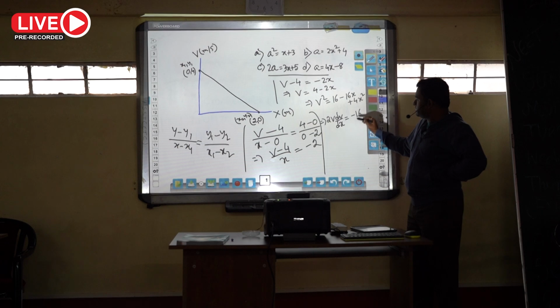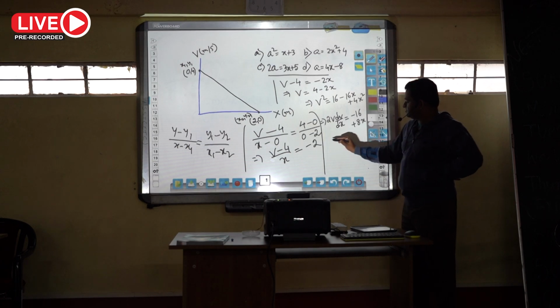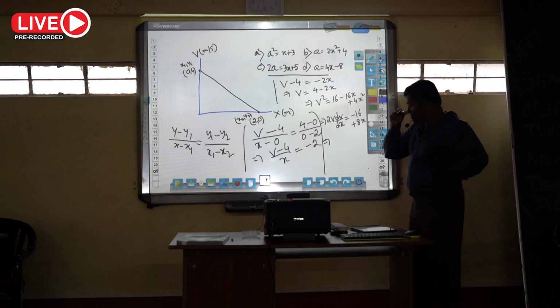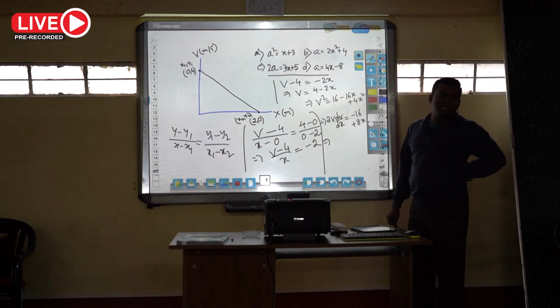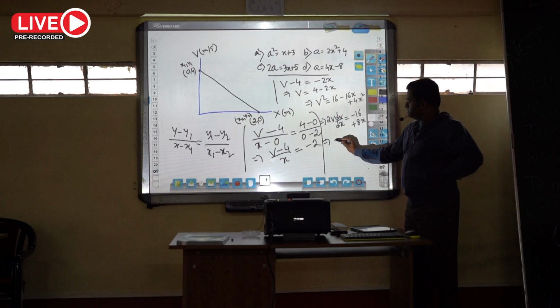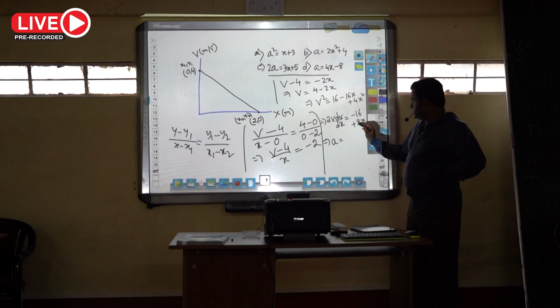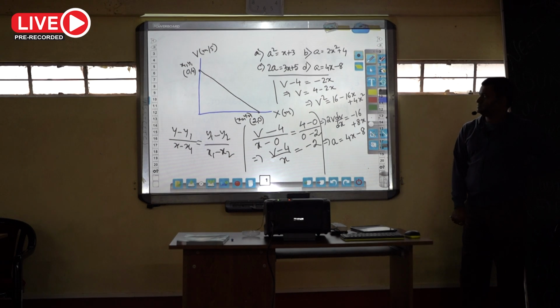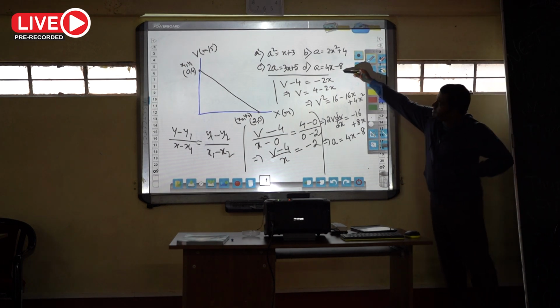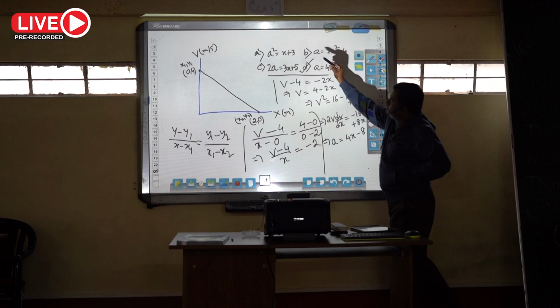And this term's derivative will be plus 8x. Now divide the entire term by 2. Now what is v dv dx? Equal to, divide by 2 means, 4x minus 8. So this is the correct option.